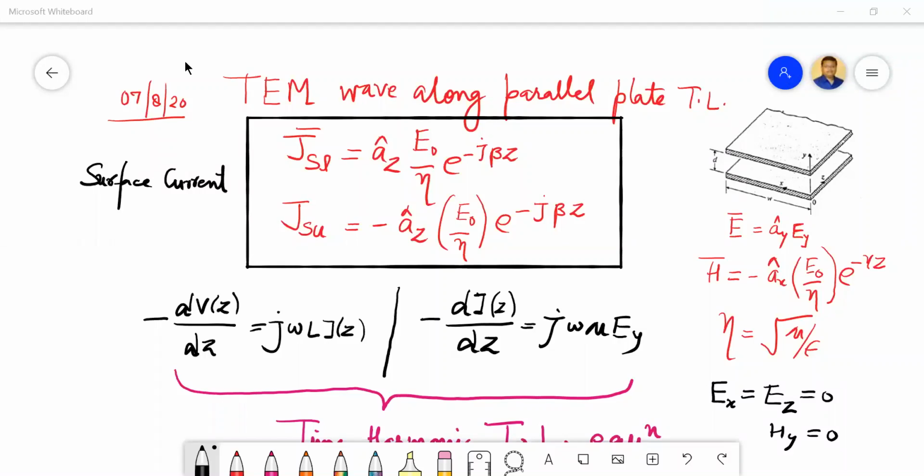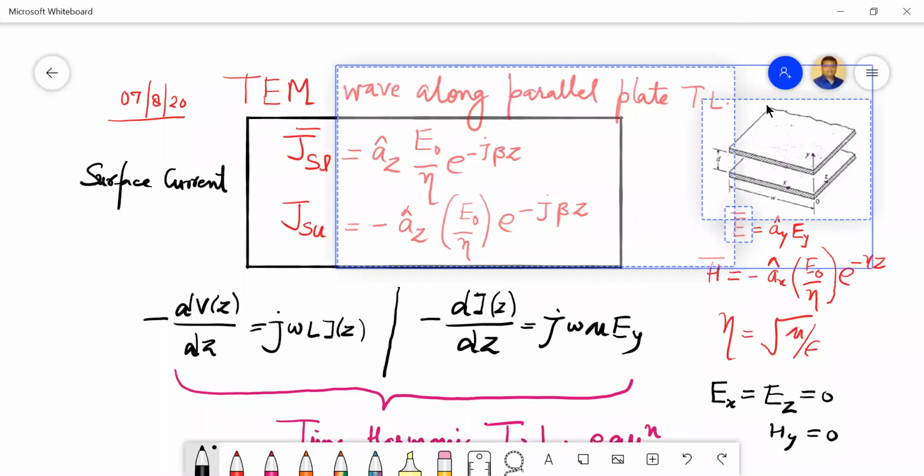So what we have seen: the TEM wave along the parallel plate transmission line. We opted for a very basic transmission line structure, and we wrote a number of equations. Initially we tried to fix what the surface current is at the lower plate and the upper plate. This was the structure, if you remember, correct?